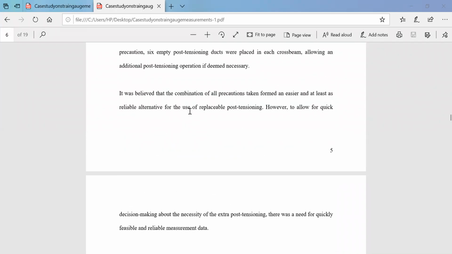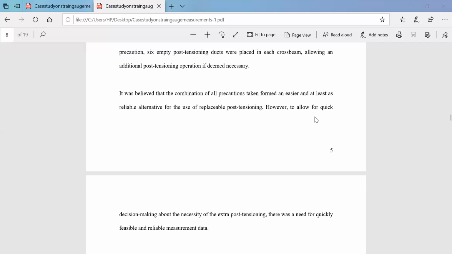And lastly, they also said it was believed that the combination of all precautions formed an easier and at least as reliable alternative for the use of replaceable post tensioning. So they believed that the combination of all the precautions they have taken formed the easiest and most reliable alternative to the use of various post tensioning precautions, which can also be replaceable.